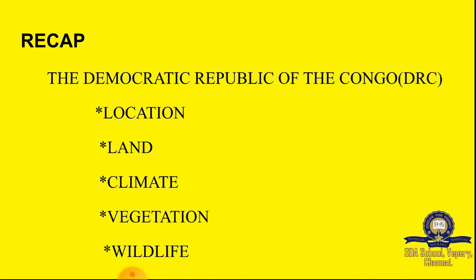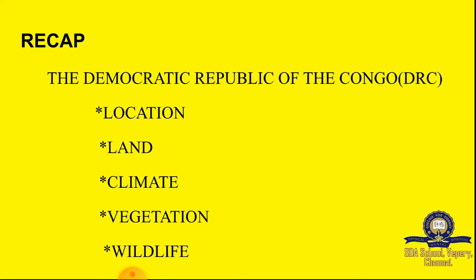Then we learnt about vegetation. In hot and humid regions, trees and other plants grow quickly. The forests have a large variety of trees. Most of the trees are tall and form a dense canopy at the top.